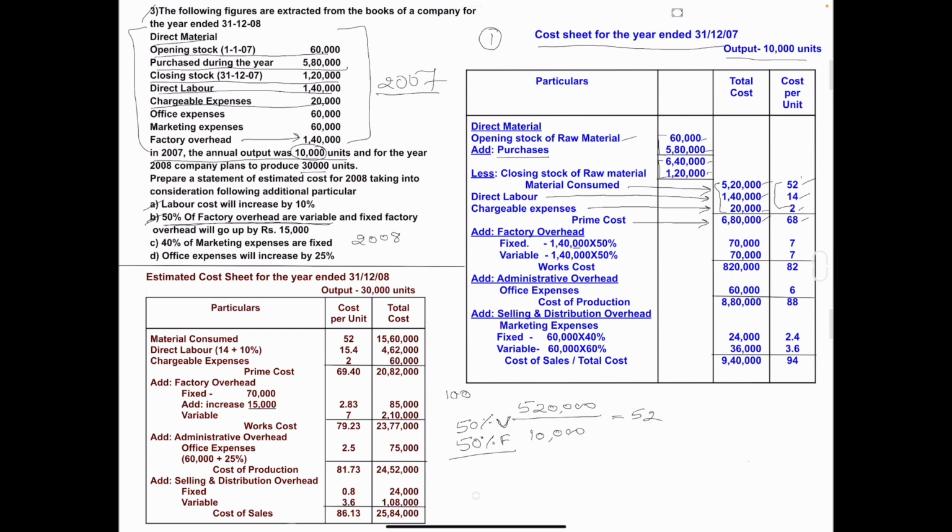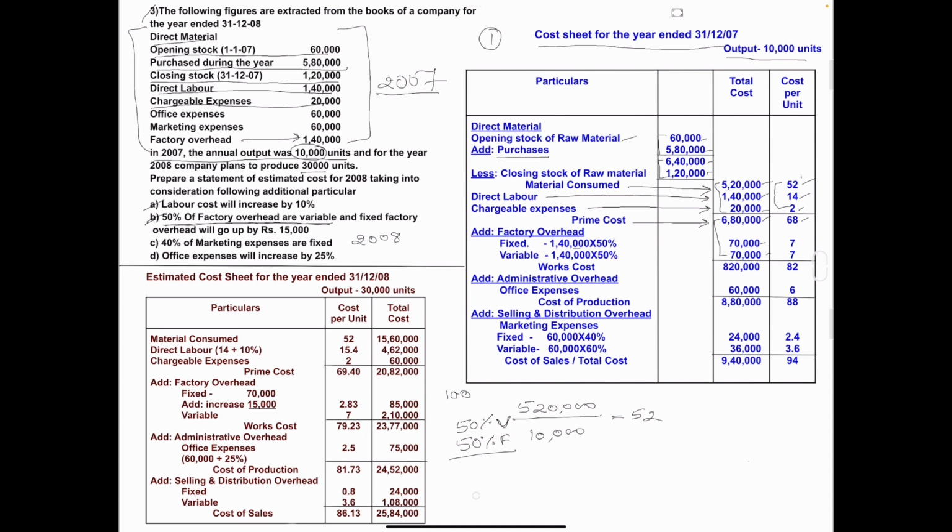So 1,40,000 into 50%, and for variable also the same 1,40,000 into 50%. You will get 70,000 respectively. Per unit 70,000 divided by 10,000 units, you will get rupees 7.